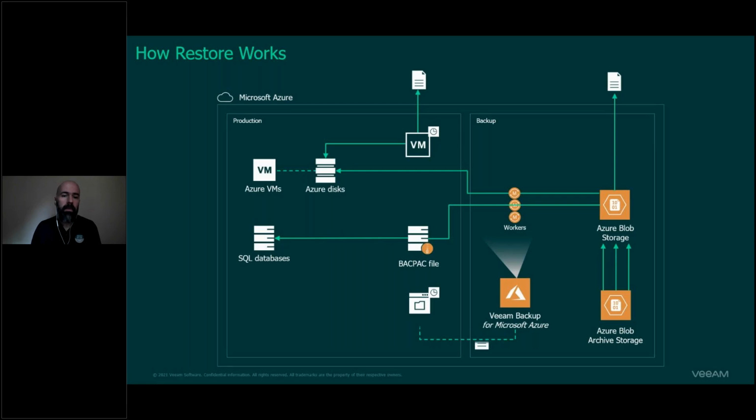And lastly, when we're talking about restoring the file share for Azure file storage, if we have any kind of index, we retrieve that index from the VBAZ appliance, from the Backup for Microsoft Azure appliance. And then from the snapshot that exists, we'll do the restore of the share in its location or in a new location.